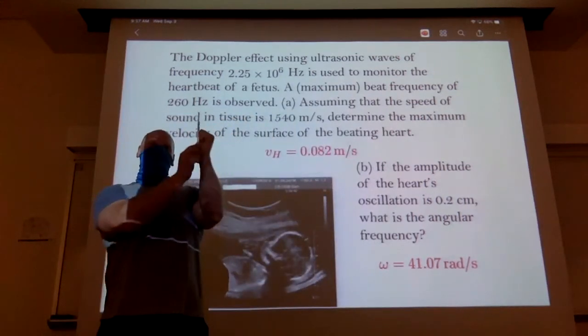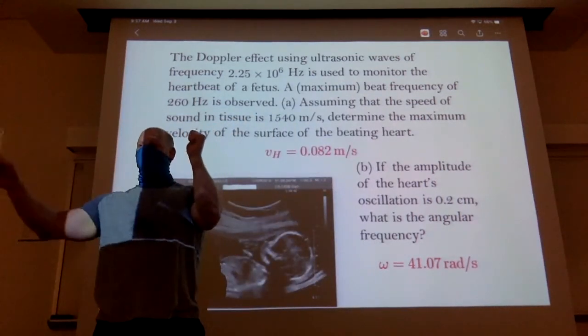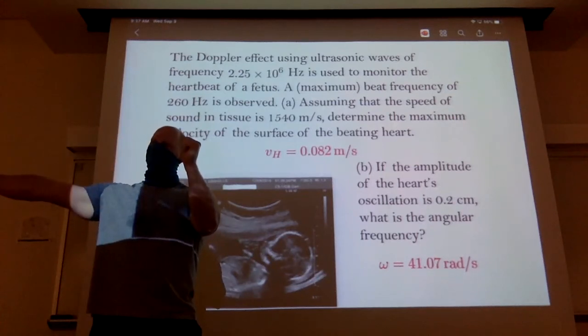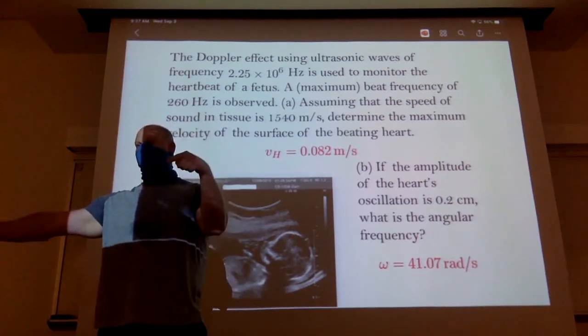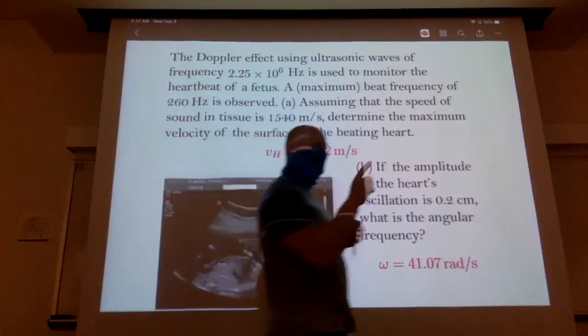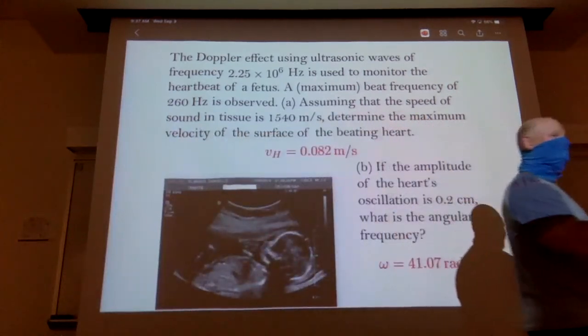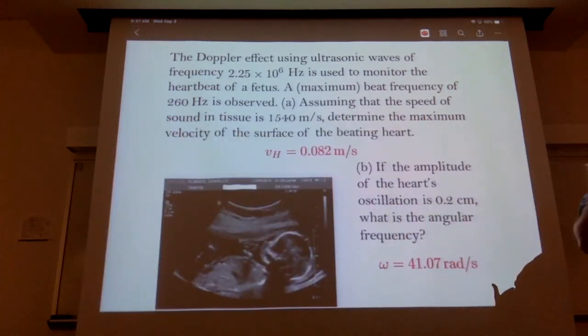But the heart is going to bounce off that wave and cause it to start moving back to the ultrasound, which means that the heart has shifted from the observer to the source. So the heart is now the source of the reflected wave.